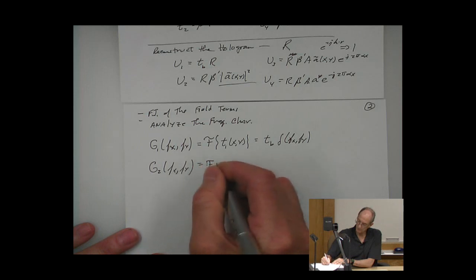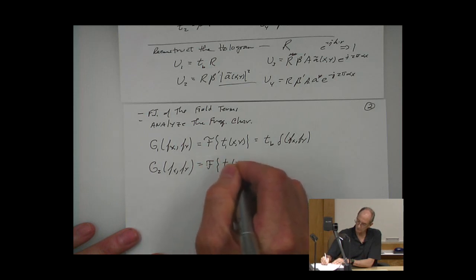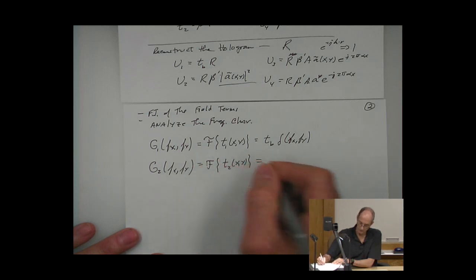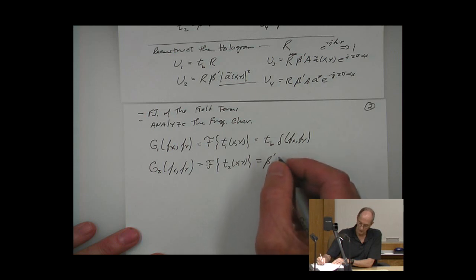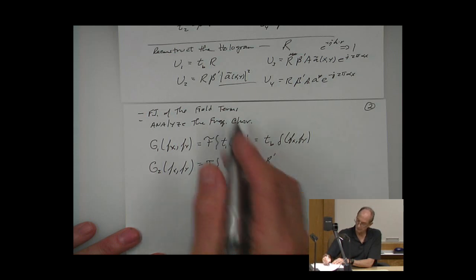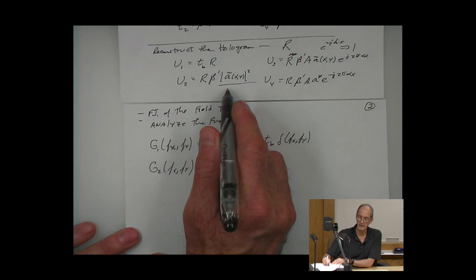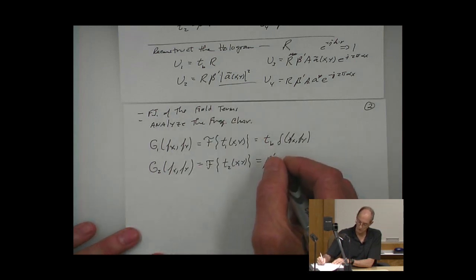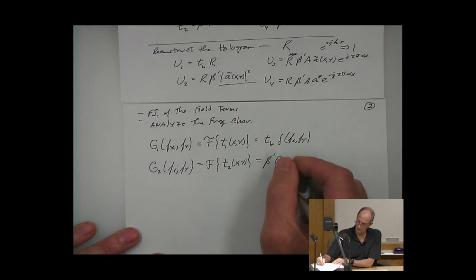Again, this is the Fourier transform of T2 of xy. And this is equal to, I'm carrying this beta around, so we'll carry beta prime around. We take the Fourier transform of that, and as you may recall, that is the autocorrelation function of the Fourier transform of A, so we'll designate that as G sub A, f sub x, f sub y.